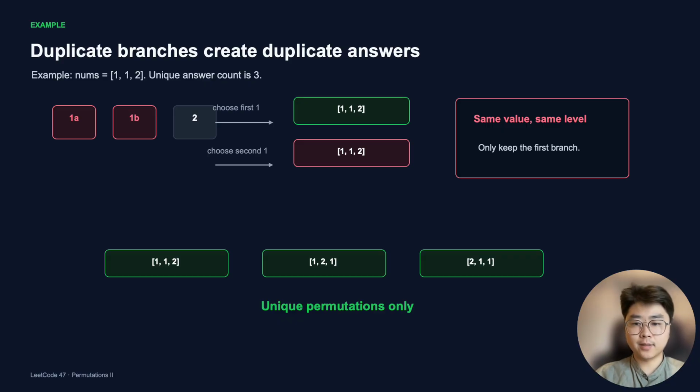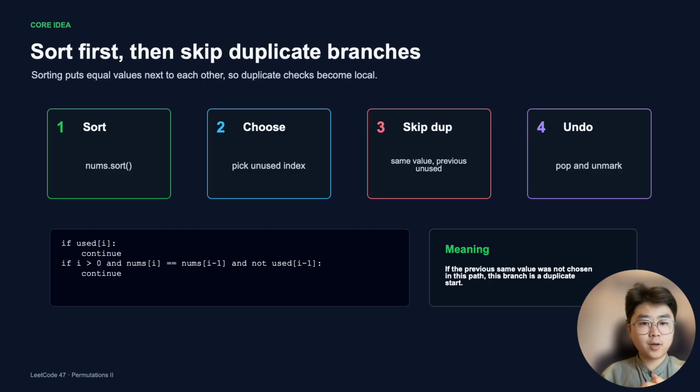So at the same level of the recursion tree, we should allow only the first unused copy of a value to begin a branch. This removes repeated work before it becomes a repeated answer. Okay, so this part is the core idea, I think. To apply this rule, we first sort the array.